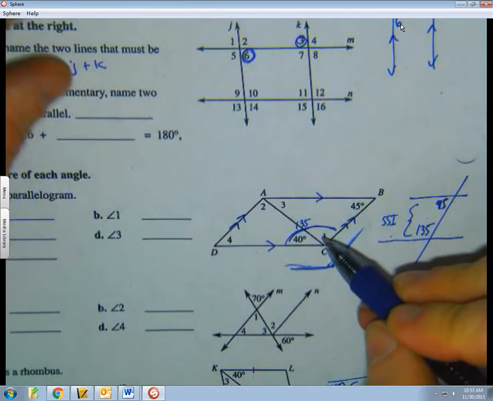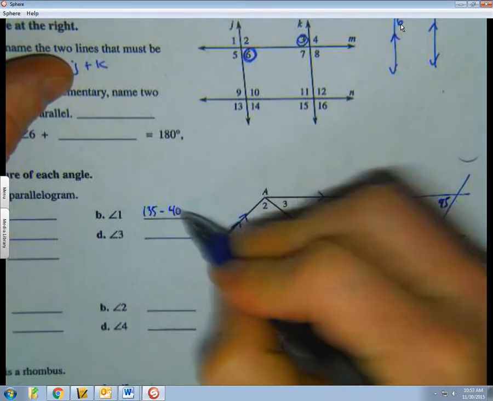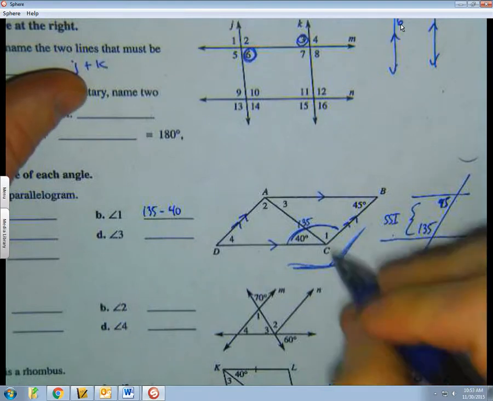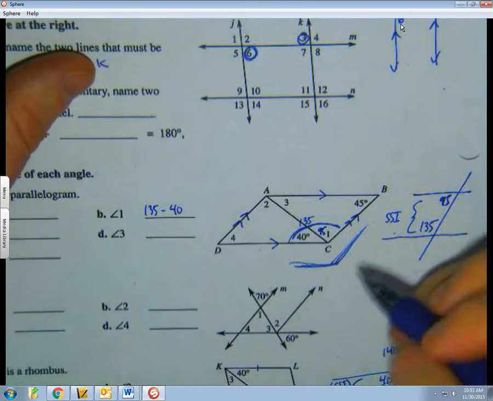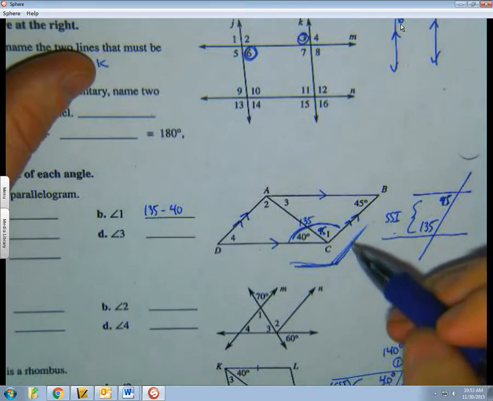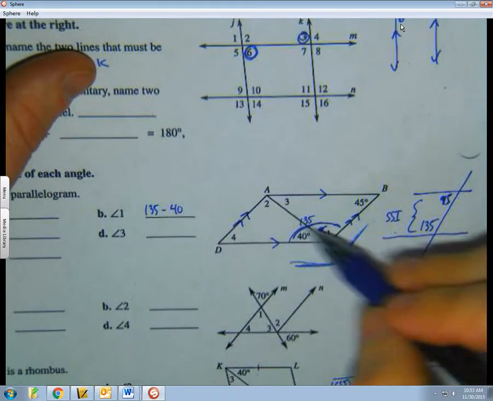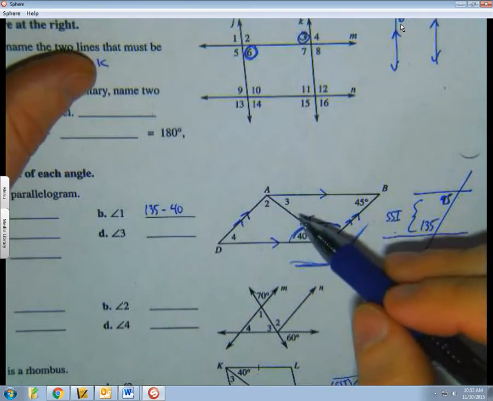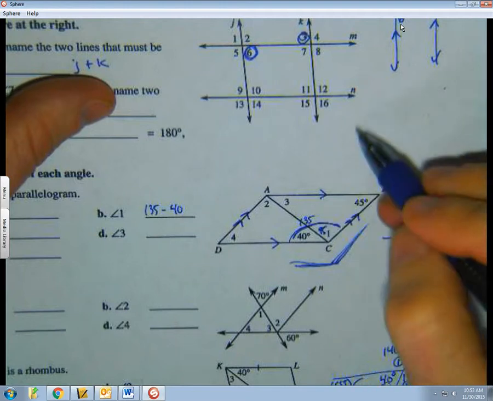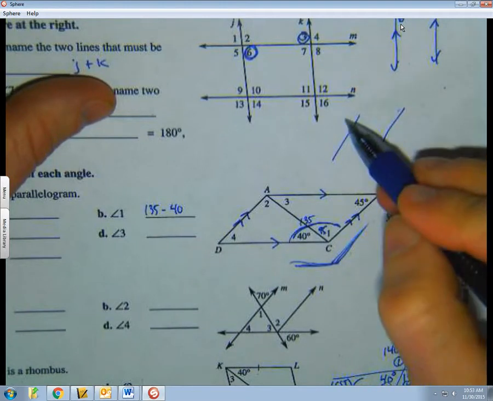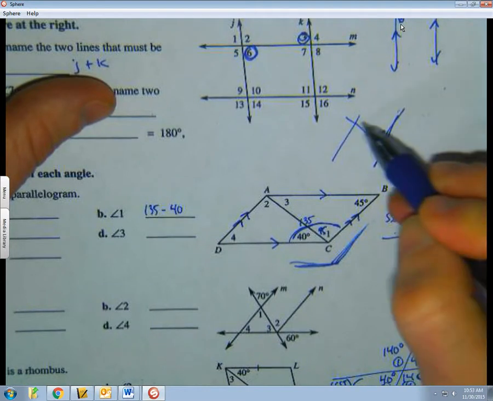Well, 1's 135 minus 40, which is 95. Okay, if 1 is 95, what's 2? Or what's 3? I mean, it really doesn't matter. If we look at these two and we pull away everything else, this is 95.